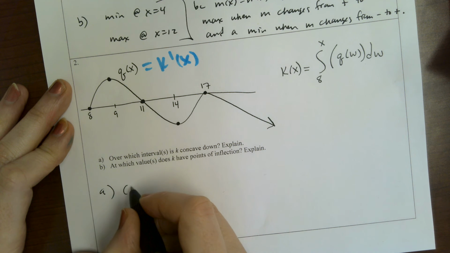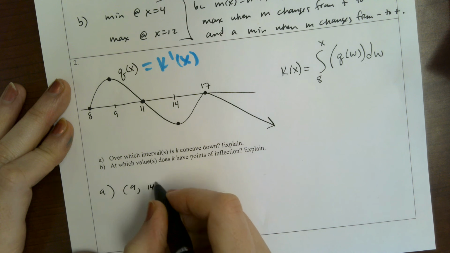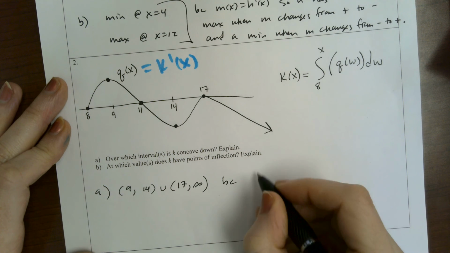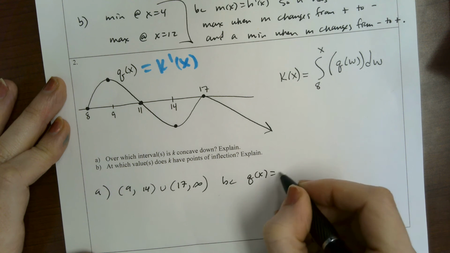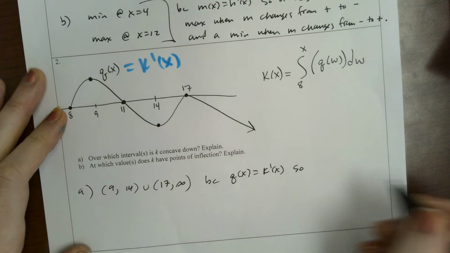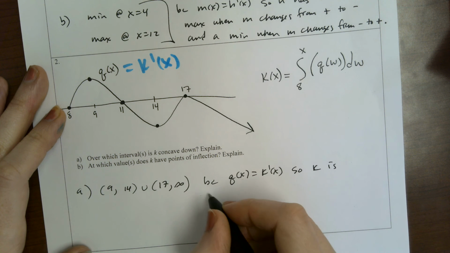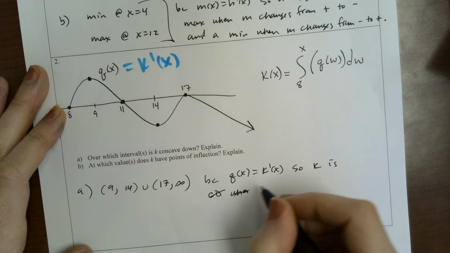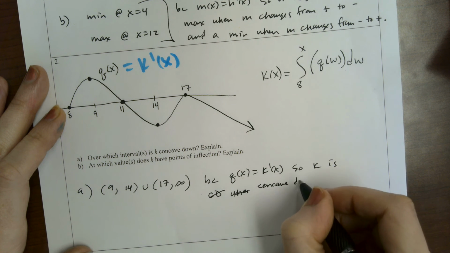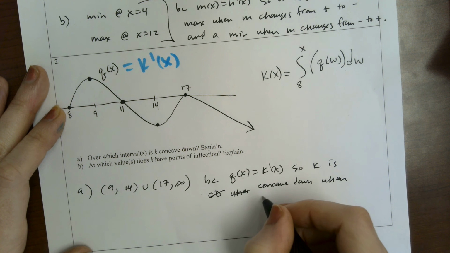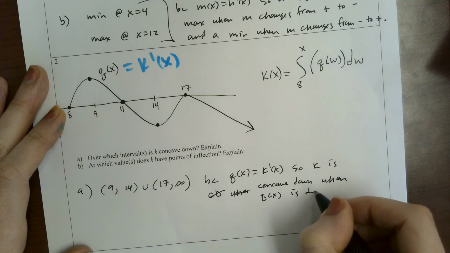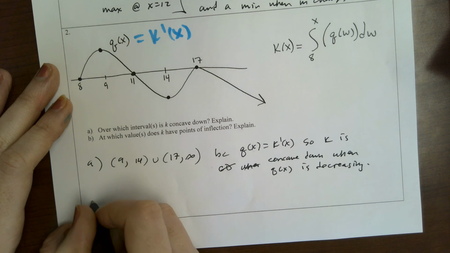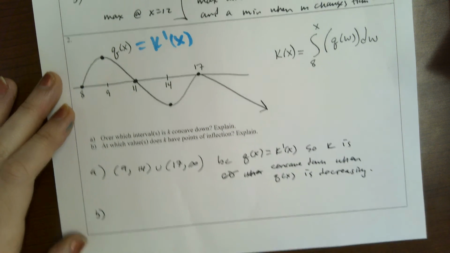So it's going to be from 9 to 14, union 17 to infinity, because Q of X is K prime of X. So K is concave down when Q of X is decreasing.